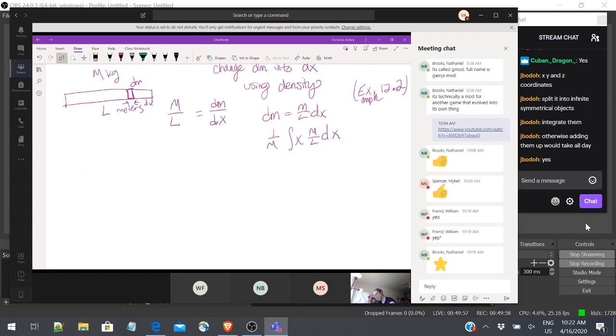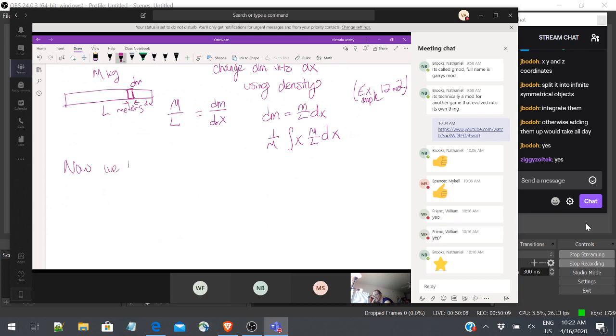So now that we know how to find the axis, it will either be given or it will be the center of mass.